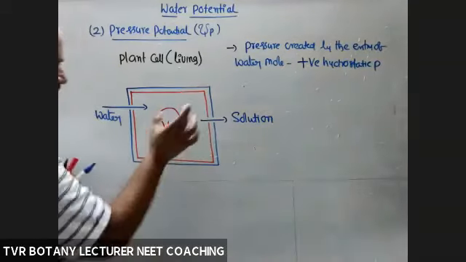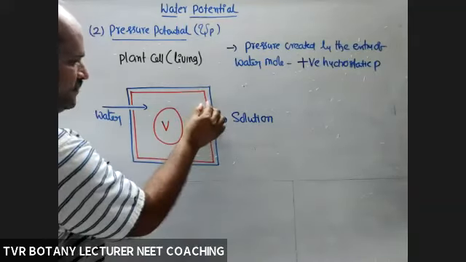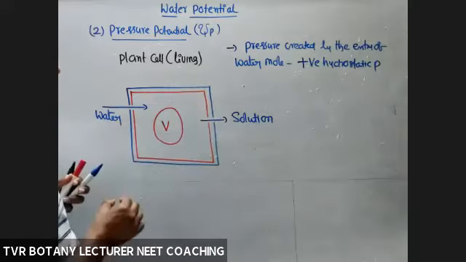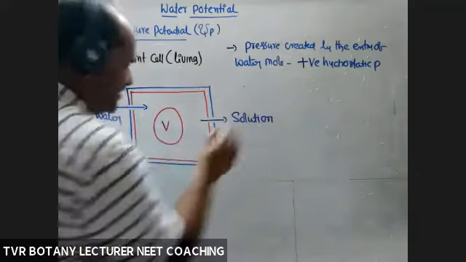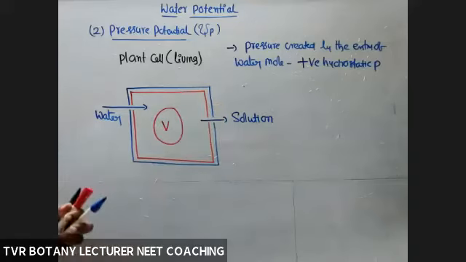So here, the plasma membrane, the protoplast, is able to exert pressure on the cell wall because of entry of water molecules. As positive hydrostatic pressure is increasing, definitely it leads to expansion of protoplast or not, like a cycle tube and tire. Cycle tube and tire. So now cycle tube is inflated, filled with air. Definitely tube is able to expand and exert pressure on the tire or not.